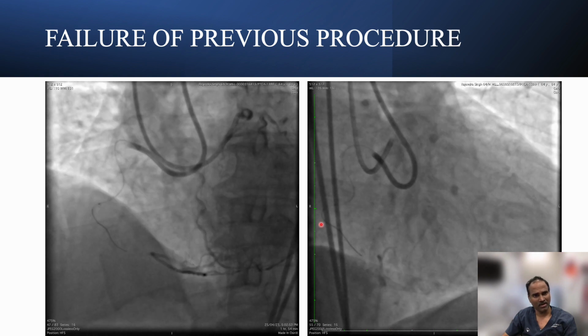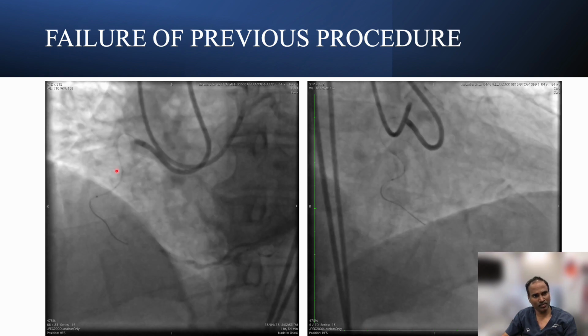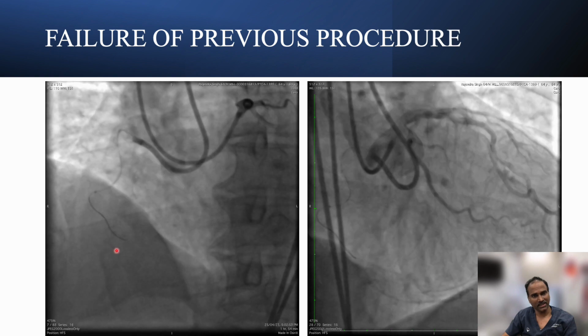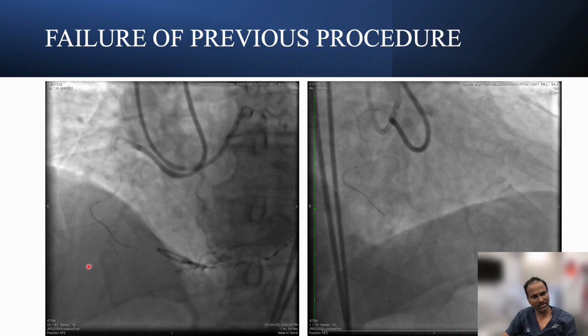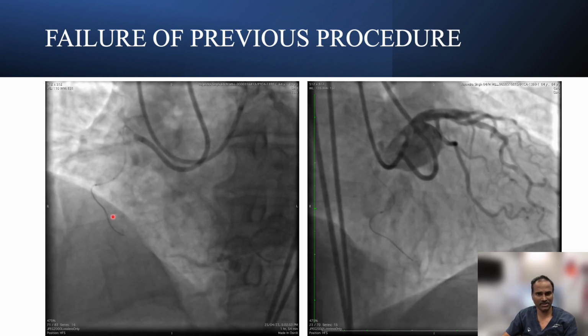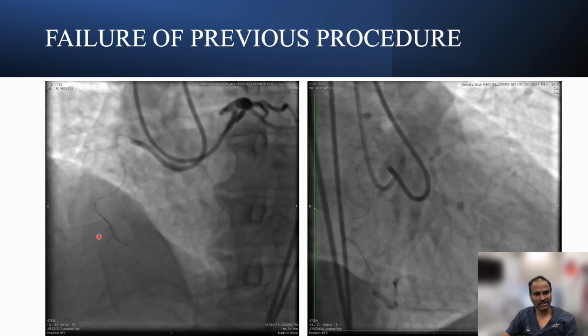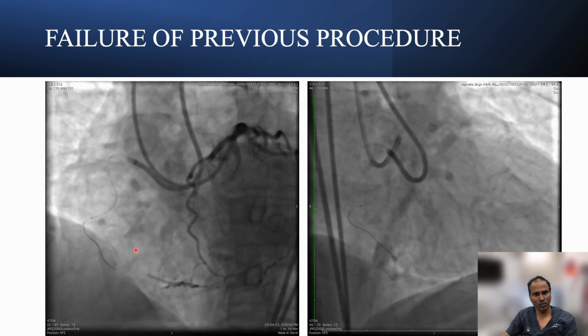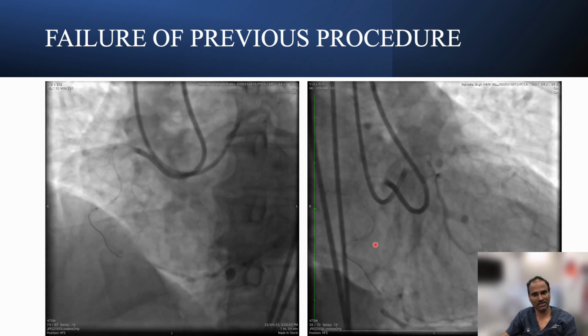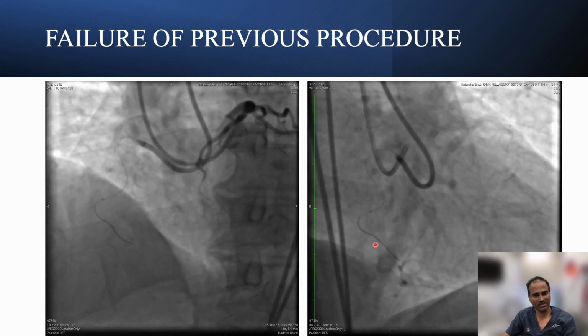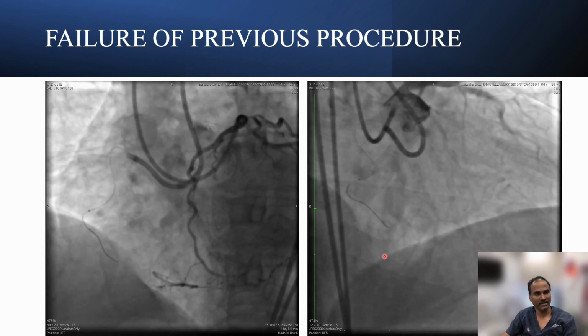Understandably there is a loop in the proximal RCA, which says there is a strong possibility of another loop in the course of the CTO. I think that is the reason the earlier operator couldn't decipher the course of the vessel, and they stopped there.